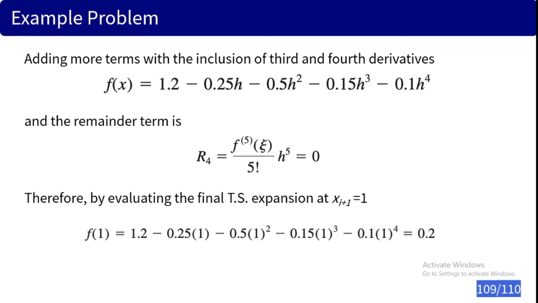So after the fourth order approximation, we got the exact value. So the truncation error here is 0. Another thing to notice is the final expression after the fourth order approximation is 1.2 minus 0.25.